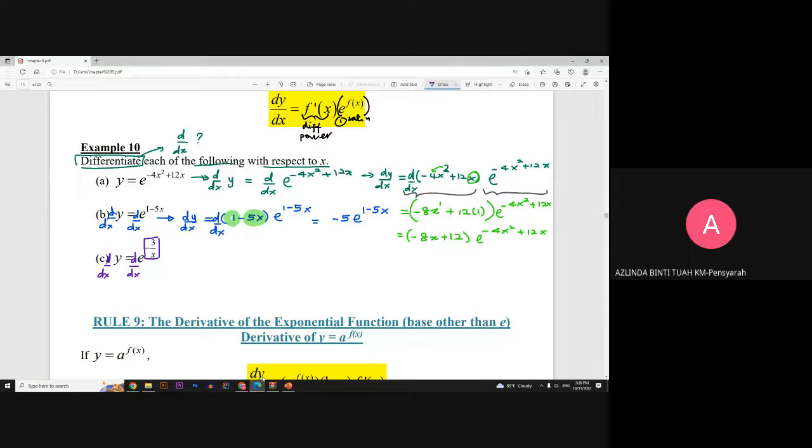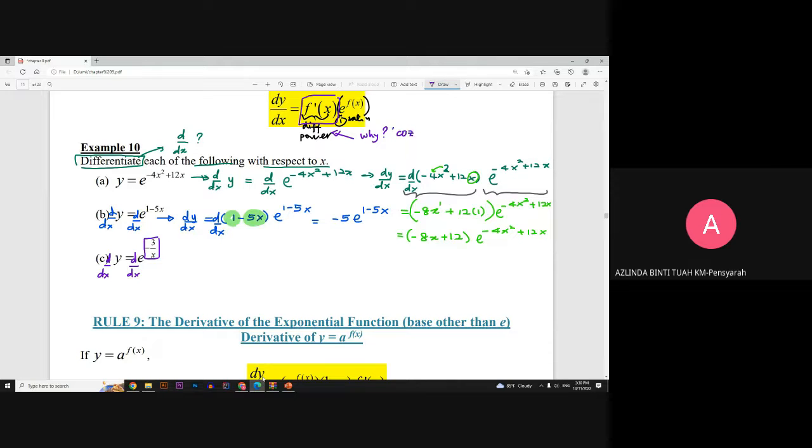Sebab itulah perlunya di depan ini differentiate power. Kenapa di depan ni? Why we have to differentiate power? Because of the power.